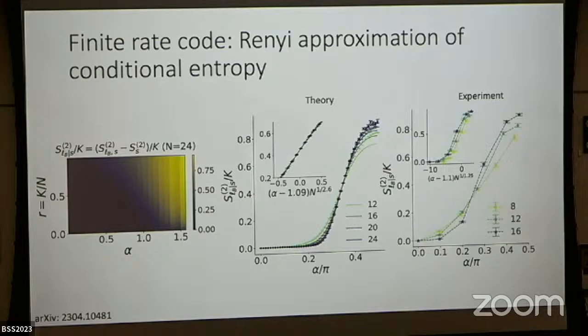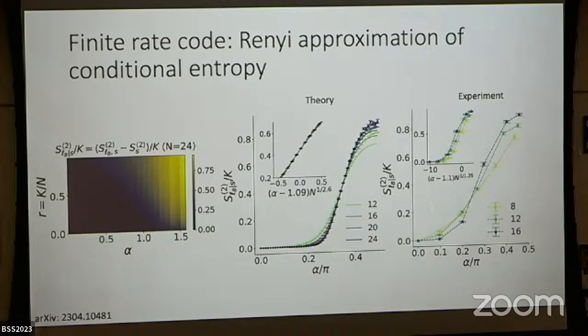Okay. So we also take one more approximation. We can take the Rényi approximation of this conditional entropy, which we actually have analytics for. That's these solid curves on this plot, in addition to the numerics, which is a nice result. I encourage you to read about it if you're so theory minded.